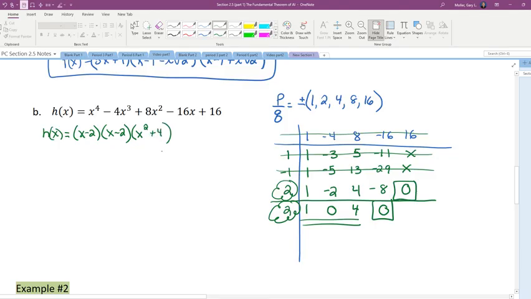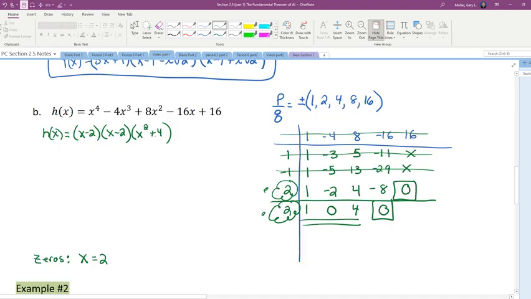So if I want to find the zeros, I now set the function equal to 0 and I factor. Well, x squared plus 4 won't factor. So I'm now going to switch my gears a little bit, and I would set each factor equal to 0. Well, I don't need to do the x minus 2's because that's how I got them. I already know the zeros. Let's just write the answer down here. So I know the zeros are x equals 2 with a multiplicity of 2.